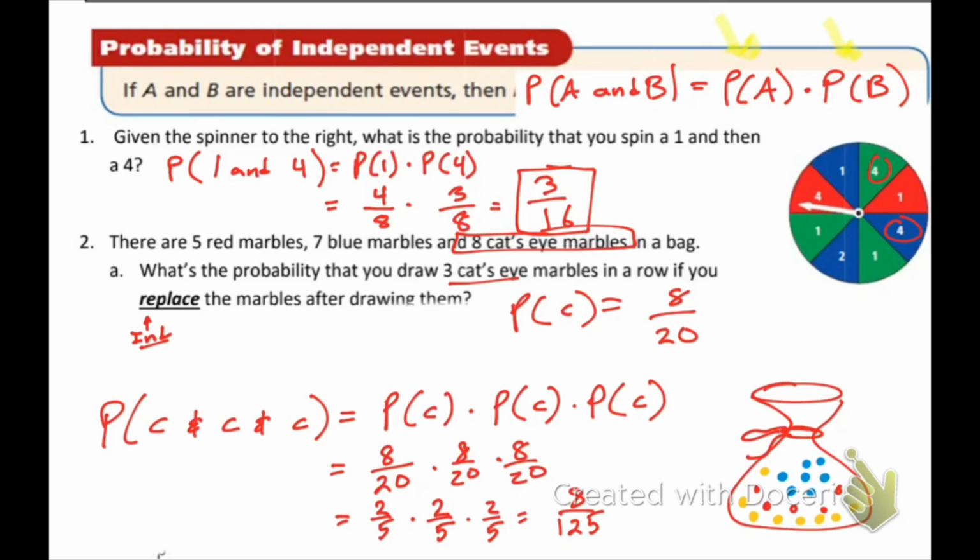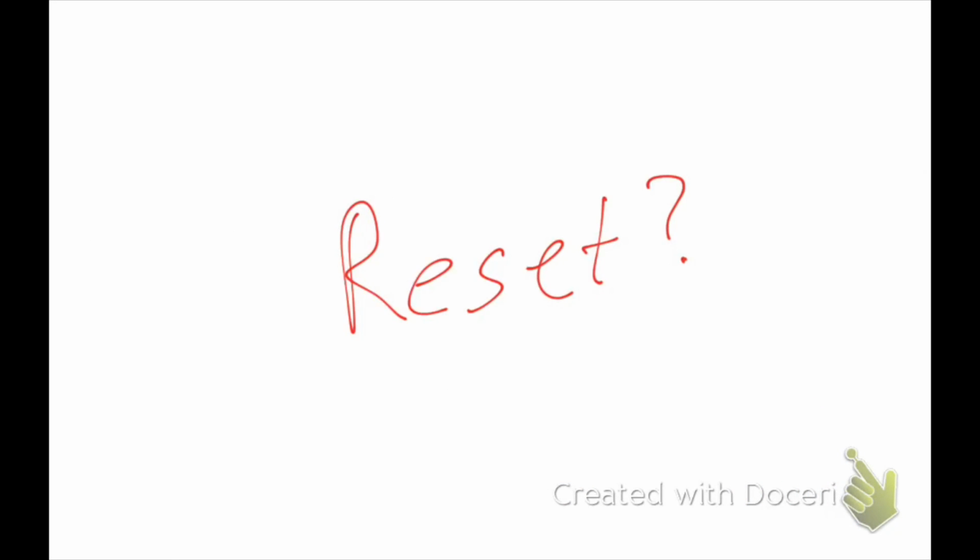So the probability that you get 3 cat's eye marbles in a row is 8 over 125, and that would be your answer. And this is all because we're replacing them, so that makes it independent, because every time you replace the marble into the bag, it resets the whole system. So that's the key: does it reset the system?